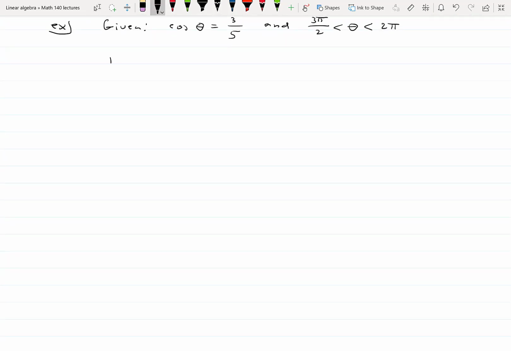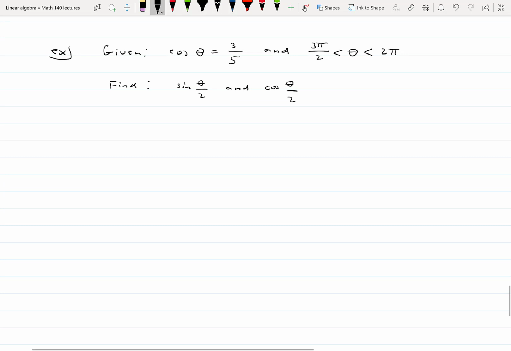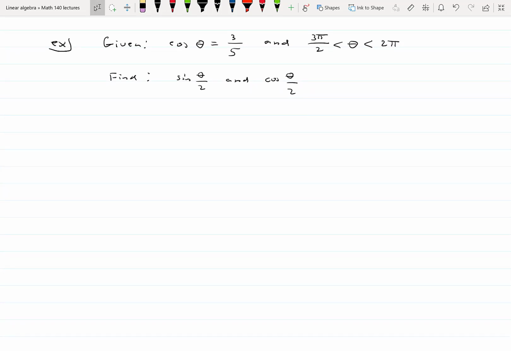And I want to find the sine of theta over 2 and the cosine of theta over 2. Seems like a perfectly innocent little problem. There's an extremely common mistake with it though that I'm going to identify when we get to it.